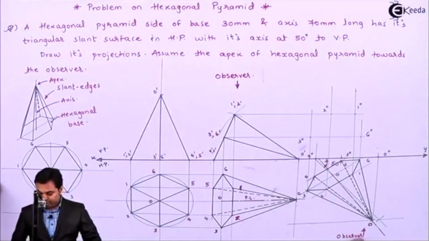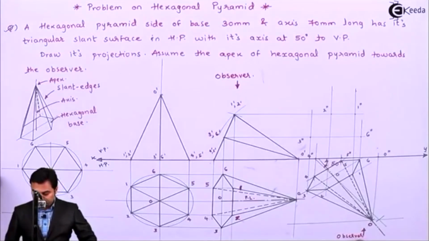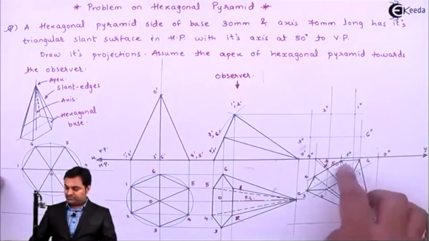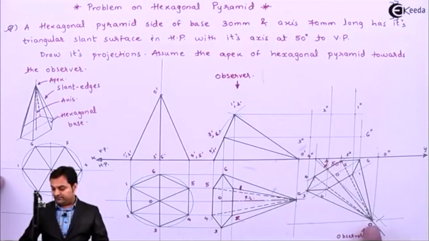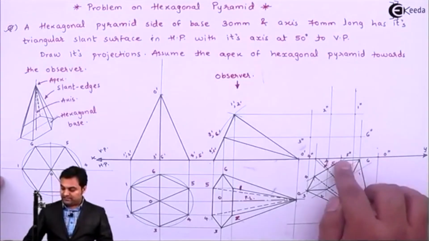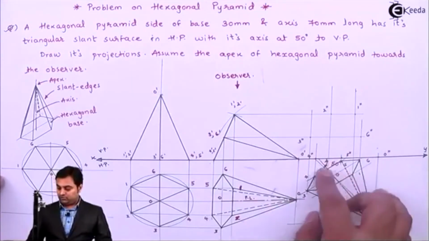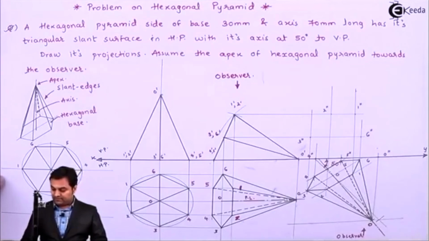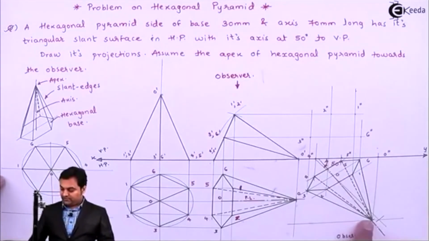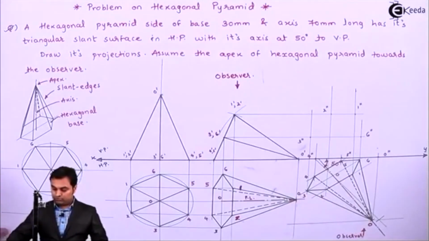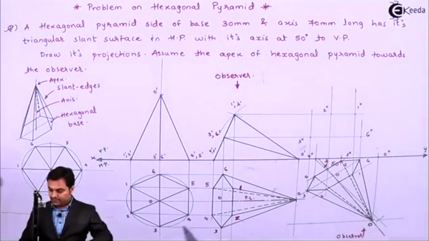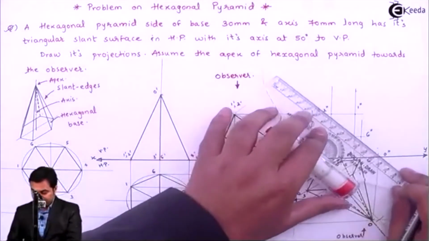As an observer, if we are looking from here, in that case the face O45, which is hidden in the top view, that face will be seen. So O double dash, 5 double dash, 4 double dash, that face is seen like a line, so it is visible. Next, after that, closer to the observer there is face O23, so O23 will be joined with the help of solid lines.